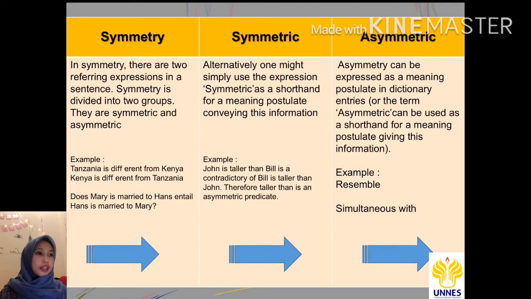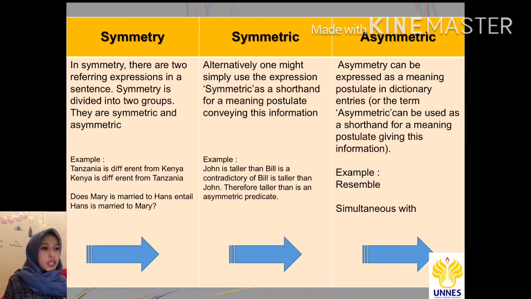Okay, and then about symmetry. In symmetry, there are two referring expressions in a sentence. Symmetry is divided into two groups. They are symmetric and asymmetric.